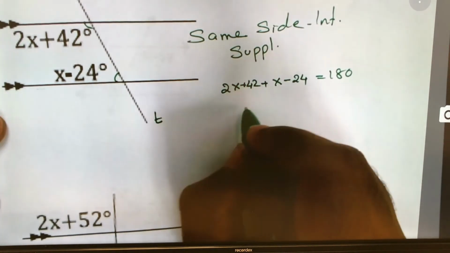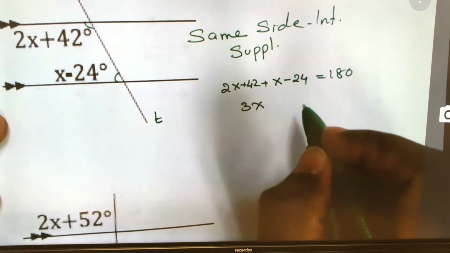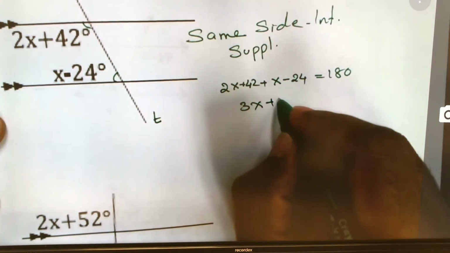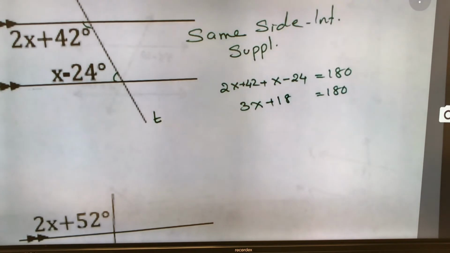So combine the like terms, so you will get 3x plus 18 is equal to 180. Now take a moment and solve for x.